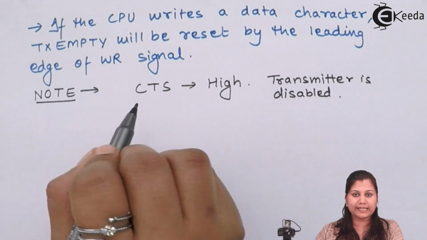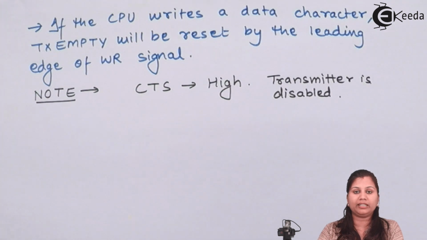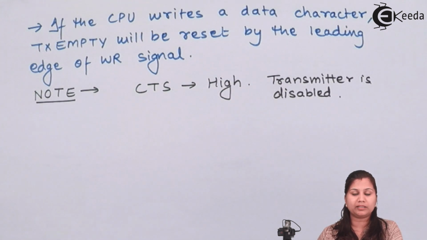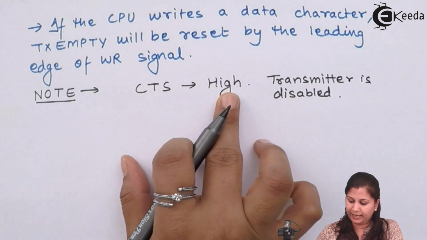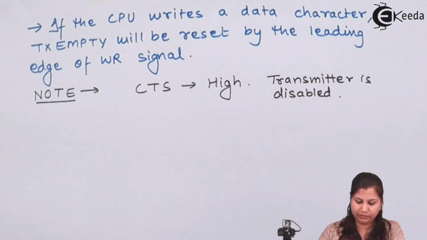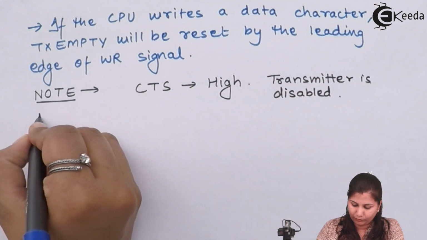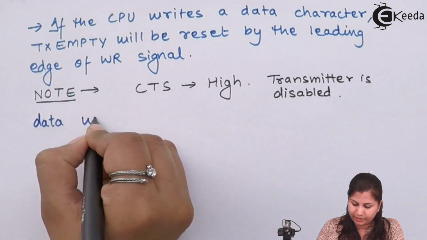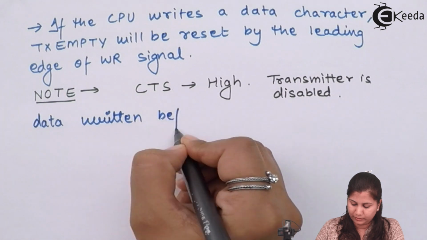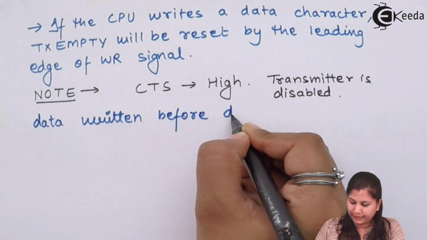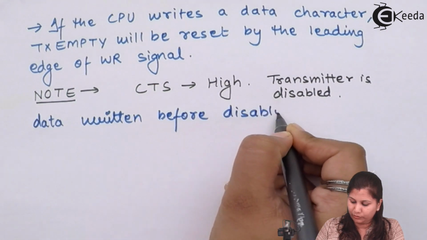After disabling of the transmitter, if any data byte is written, then that data byte will not be transmitted; it will be held by the transmitter only. So when CTS is high and the transmitter is disabled, data written before disable will be sent out.